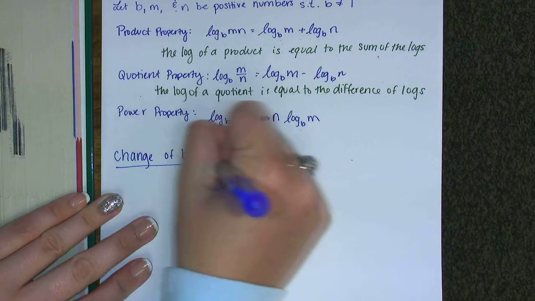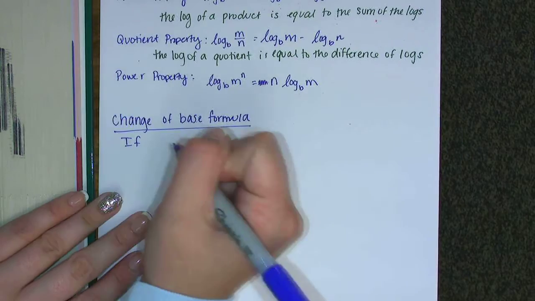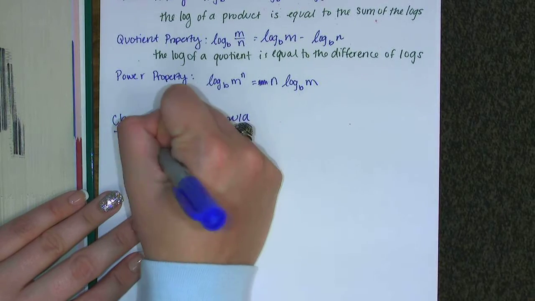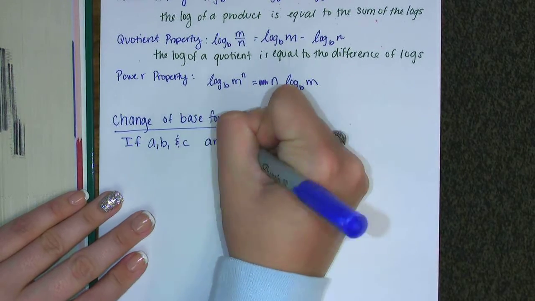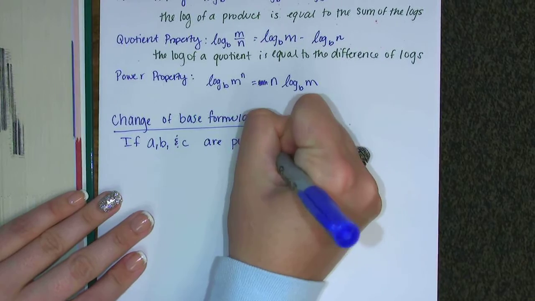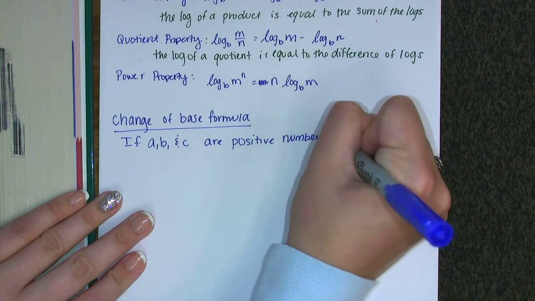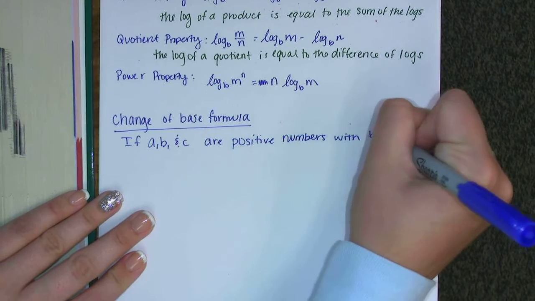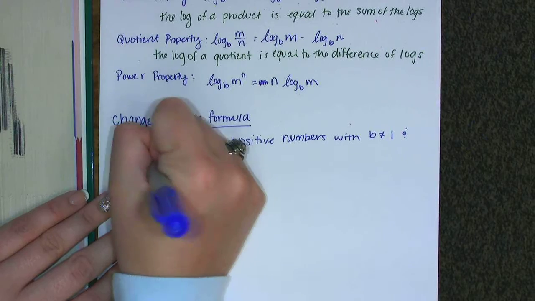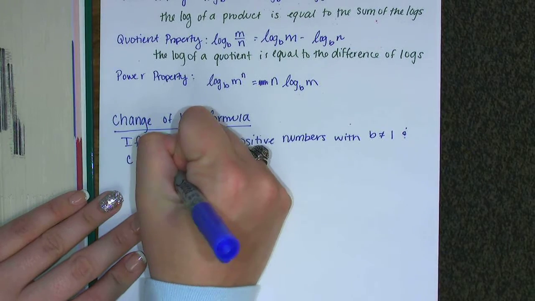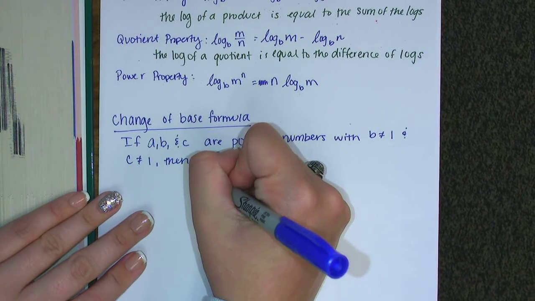Well, the change of base formula, if A, B, and C are positive numbers, with B not equal to 1 and C not equal to 1, then this is the formula here.